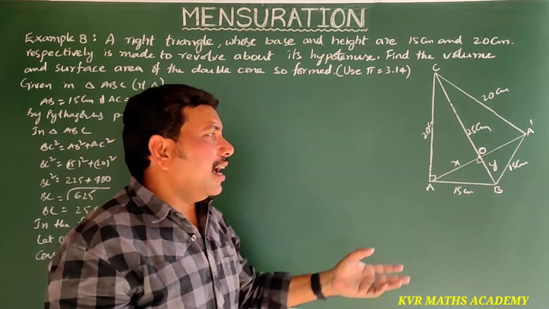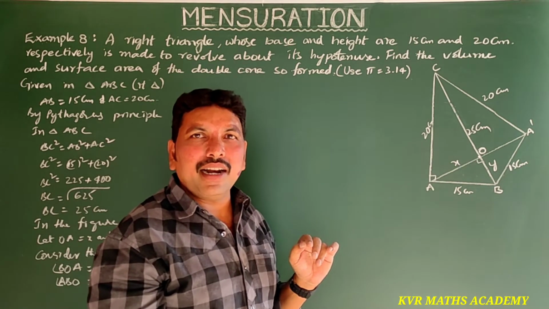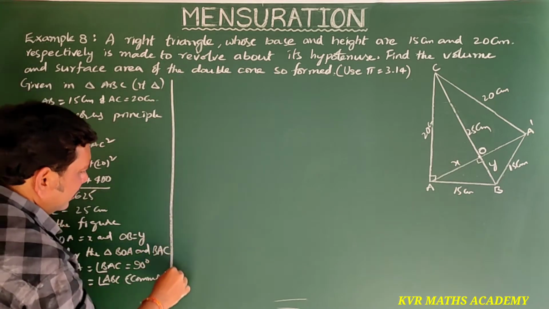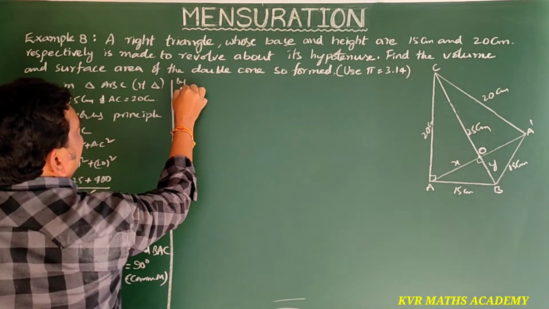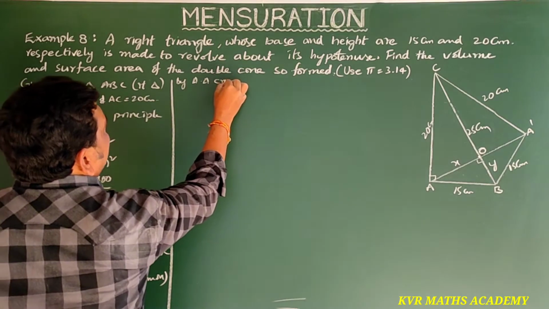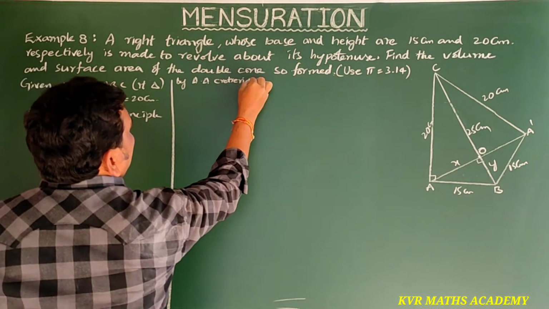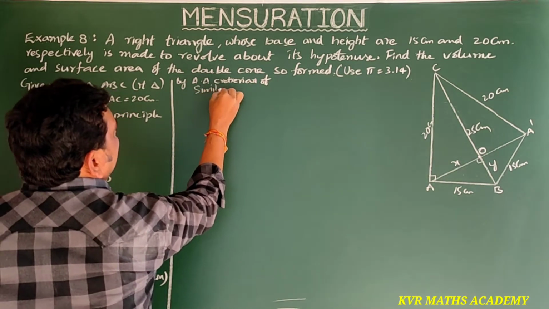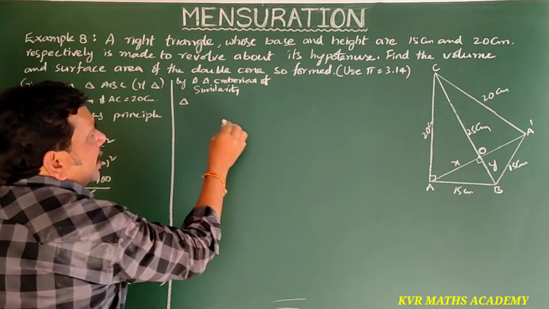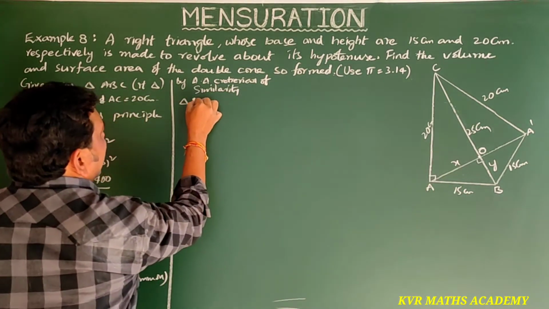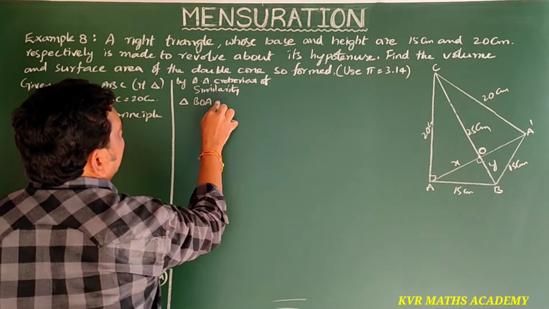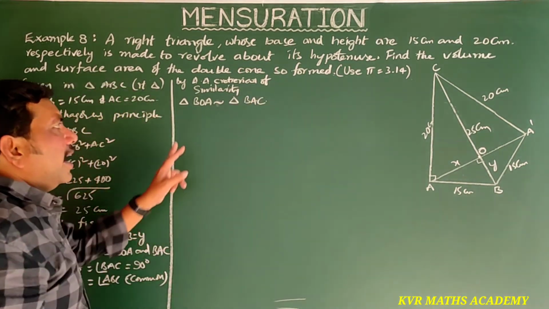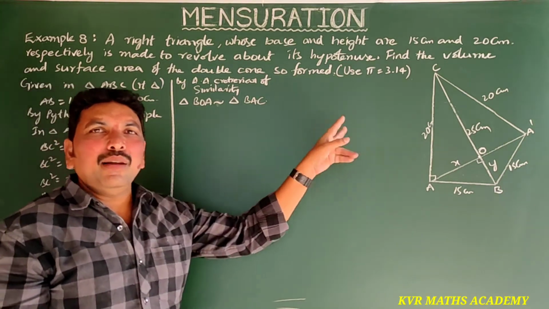By AA criteria of similarity, the two triangles are similar. Triangle BOA is similar to triangle BAC.